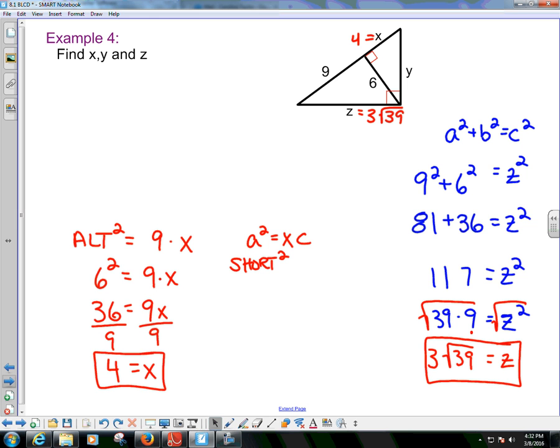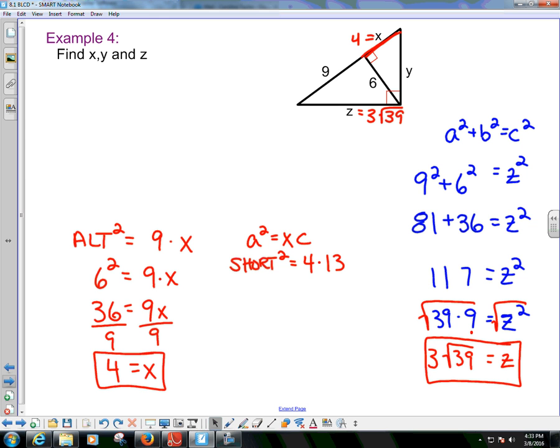So the short side squared equals x. x was the part that was adjacent. And as it turns out, x is 4 for my example. And then c is the entire length of the hypotenuse. Well, now I know that the entire length of the hypotenuse is 9 plus 4, and 9 plus 4 is 13.